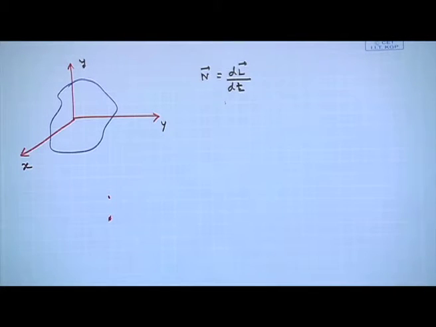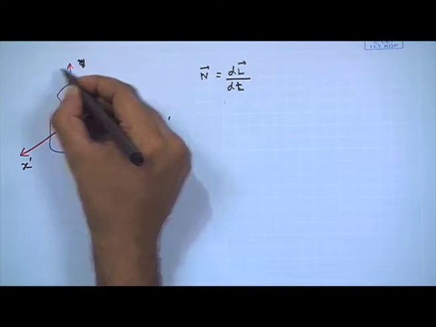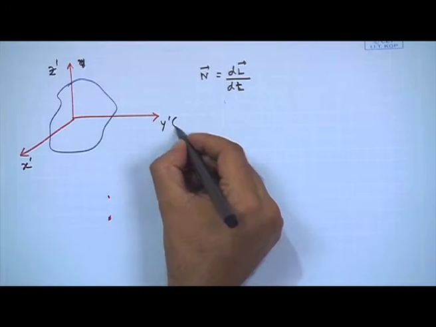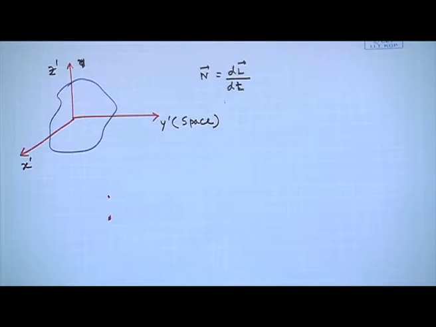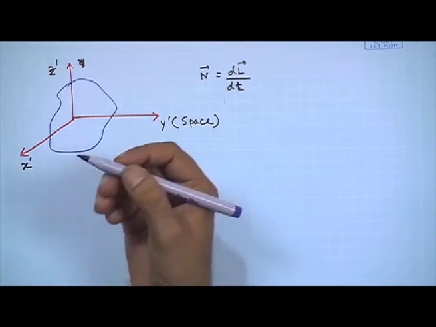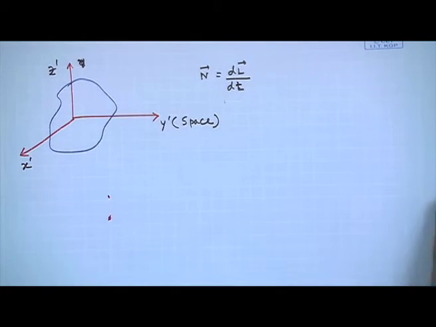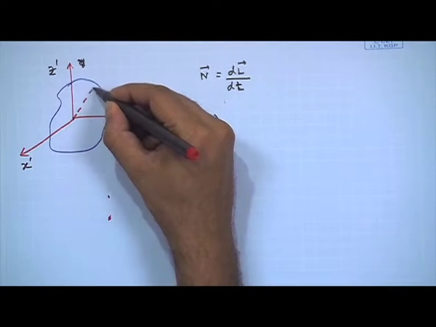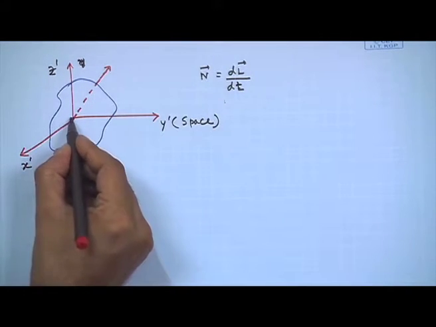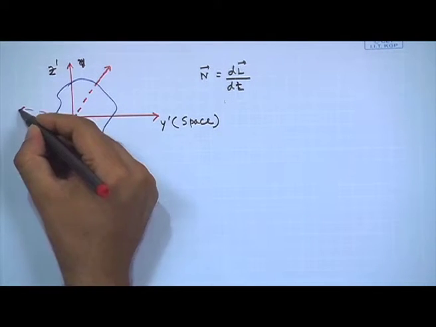So, we will go back to our original notation. We will put x prime, y prime, z prime for this space set of axes. And we attach another set of axes with this system which rotates along with the body.